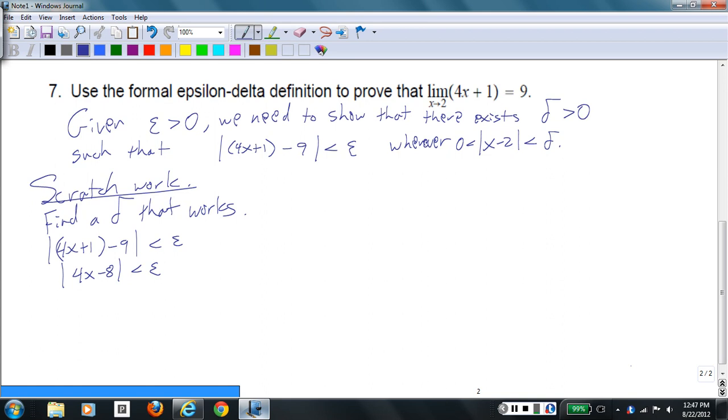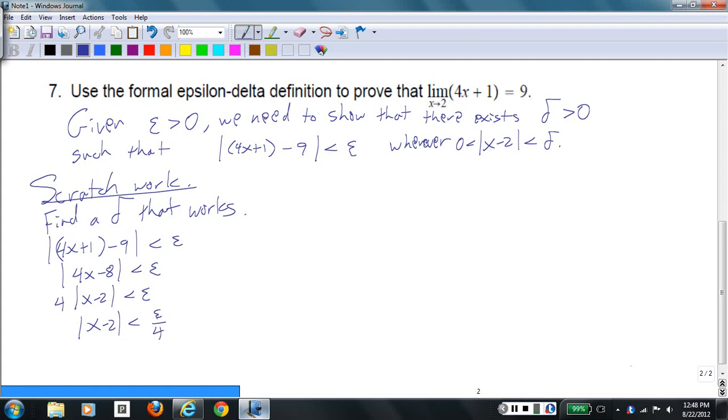Now, there's two steps I'm going to skip. Factor out the 4, use the property of absolute value, and then eventually the 4 comes out in front, and we have 4 times the absolute value of x minus 2. We want that to be less than epsilon, so that means that x minus 2 really needs to be less than what?